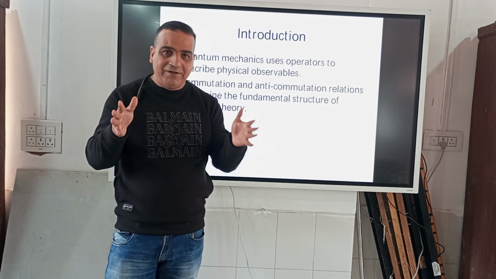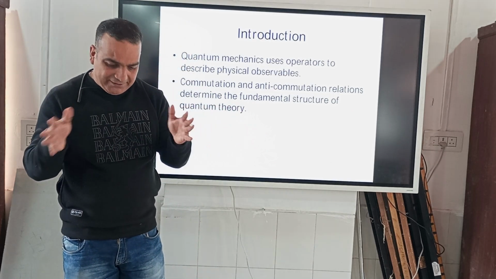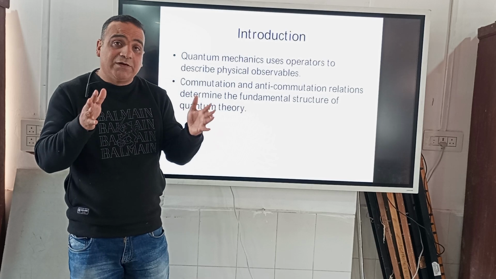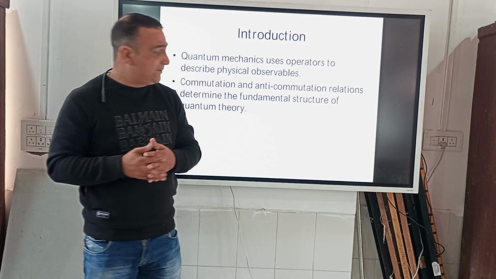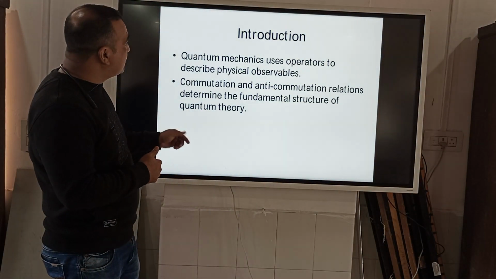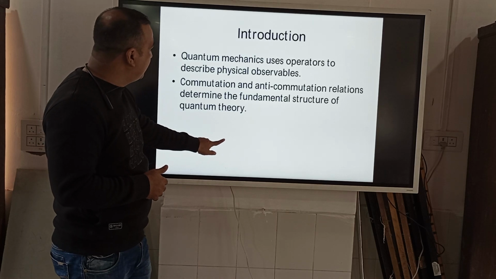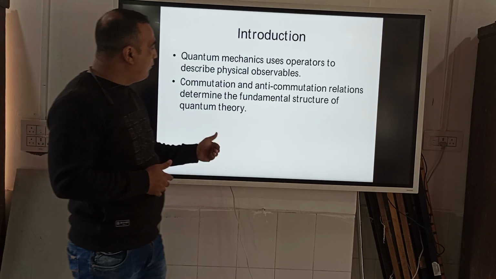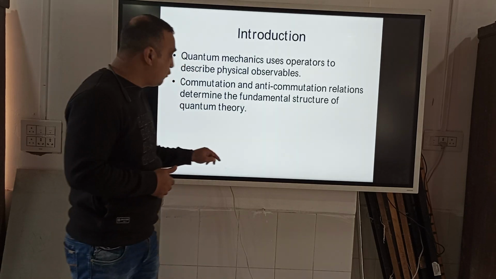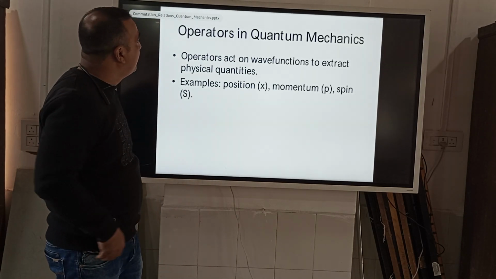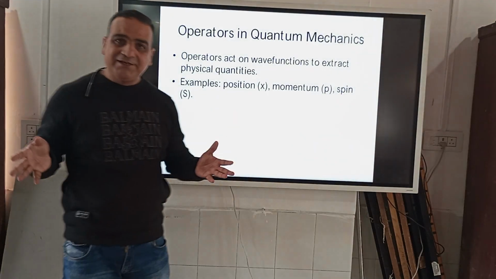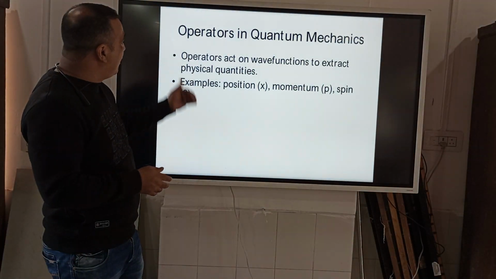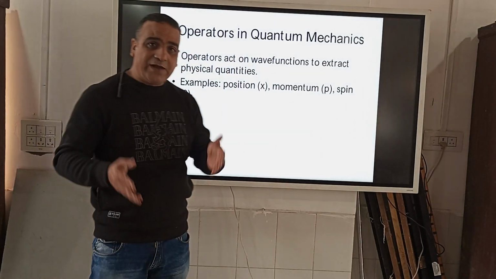So somewhere you have two operators. If they commute, then certainly you have a relation between the two operators. This is how we introduce the commutation and anti-commutation relations, because they are leading us to the fundamental structure of quantum theory. Talking about the simplest operators, the operators act on our eigenstates.